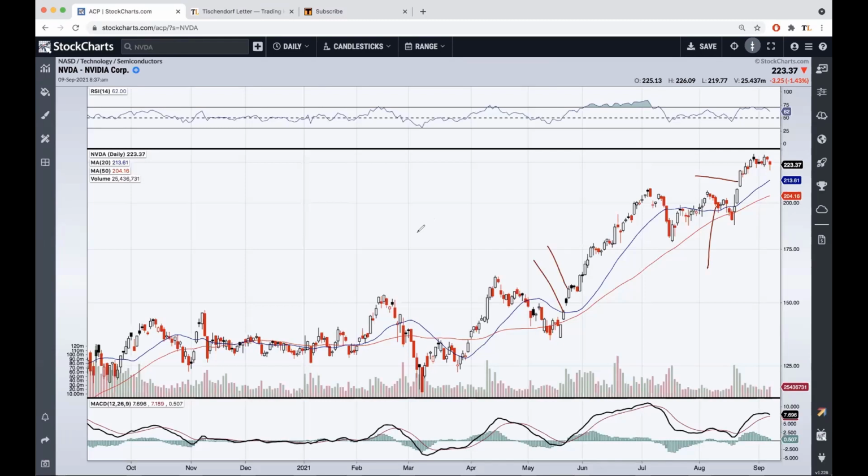And the story with Nvidia is that it's the AI king. Everybody who believes that AI is going to be the next big thing, Nvidia is going to be the play, assuming the bull market goes on. If we see a bear market, then obviously everything's going to get dragged down.